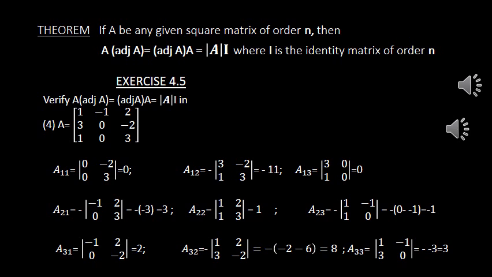We know how to get adjoint A. Adjoint A is the transpose of the cofactor matrix.